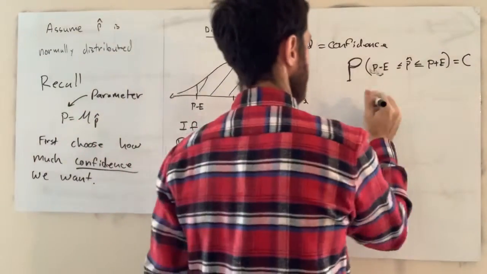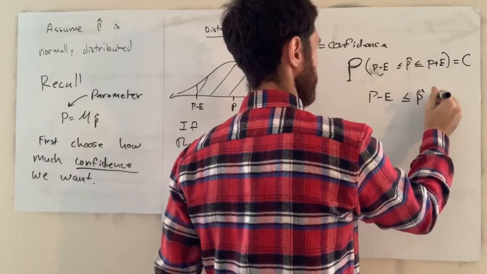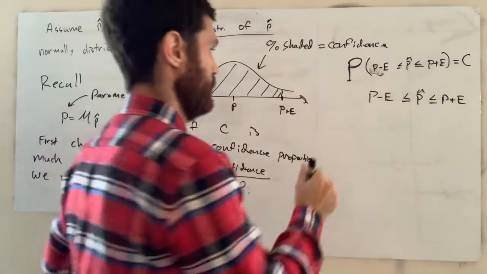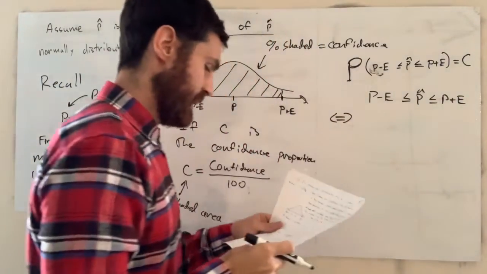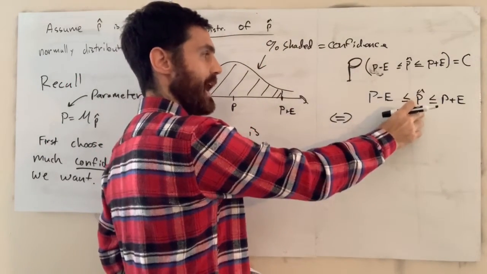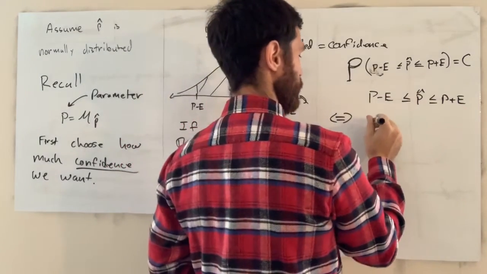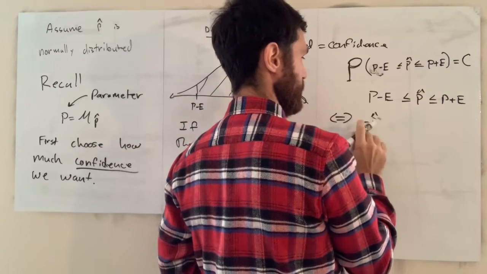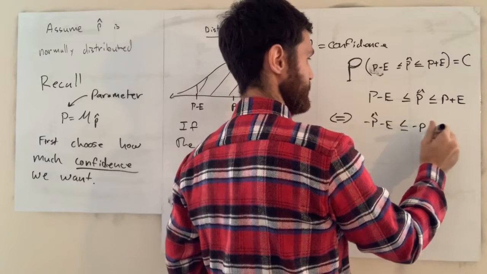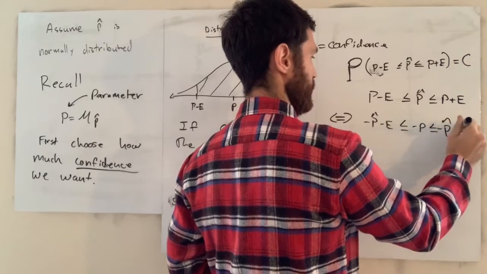All right, well, let's just take this inequality here and subtract p hat and subtract p from all three of these, and what you're going to get is negative p hat minus e is less than or equal to negative p less than or equal to negative p hat plus e.